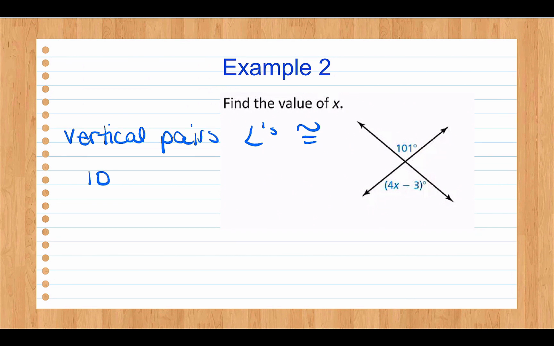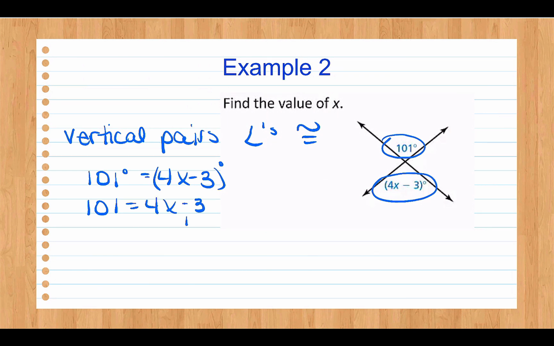So I know 101 degrees is equal to 4x minus 3 degrees. 101 is a vertical pair with 4x minus 3, so they are equal. So 101 equals 4x minus 3.